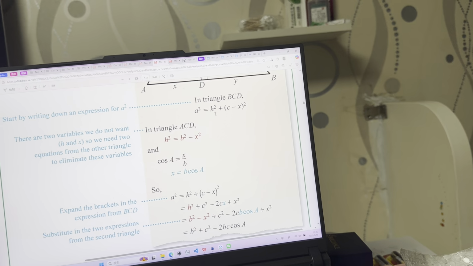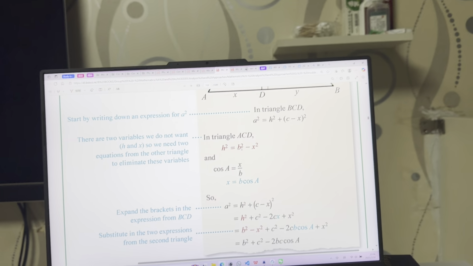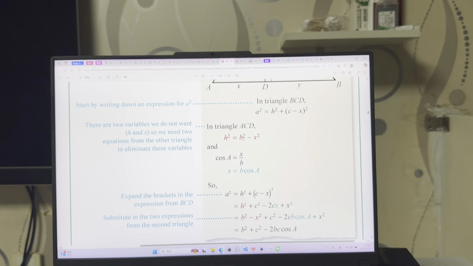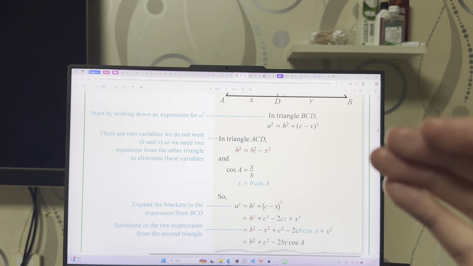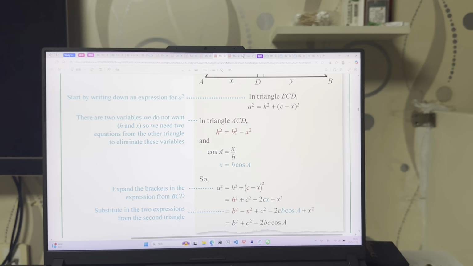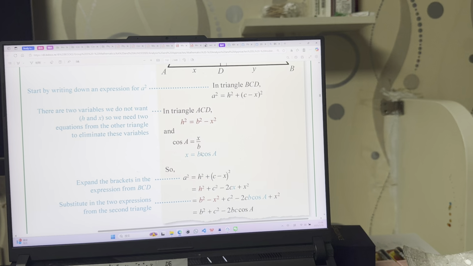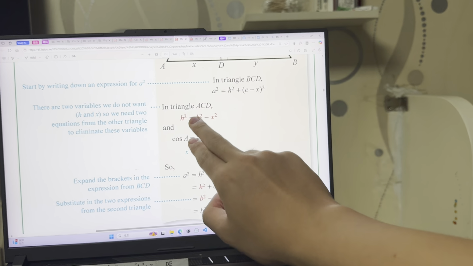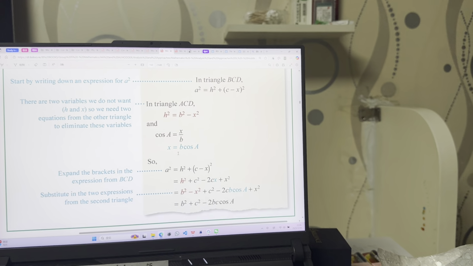Then we can use only a, b, c to replace h and x. Here, h squared is equal to b squared minus x squared, and x is equal to b cosine A. Then we use these two to replace all the things in this equation.